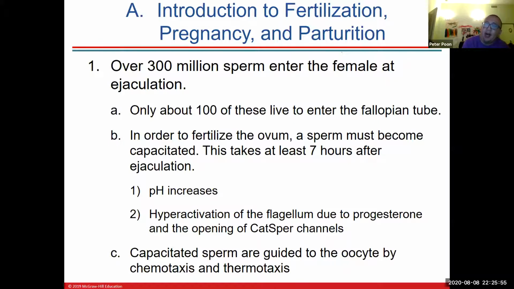The number we used to cite was somewhere around 1,000. In order to fertilize the ovum, the sperm must become capacitated. It takes at least 7 hours after ejaculation.